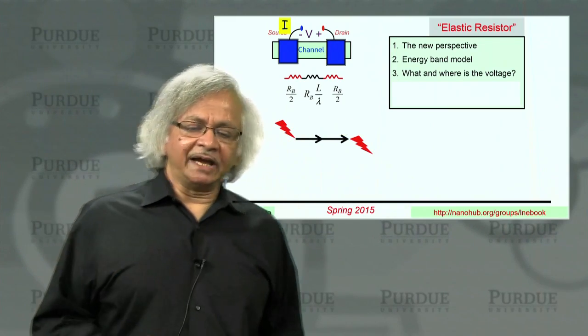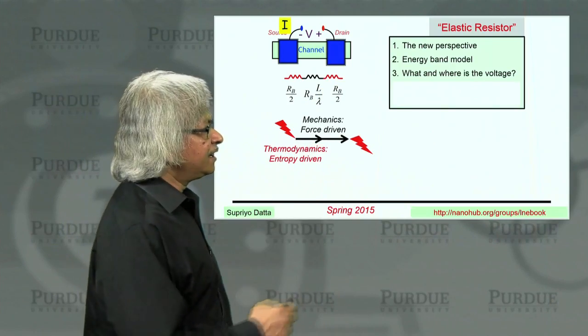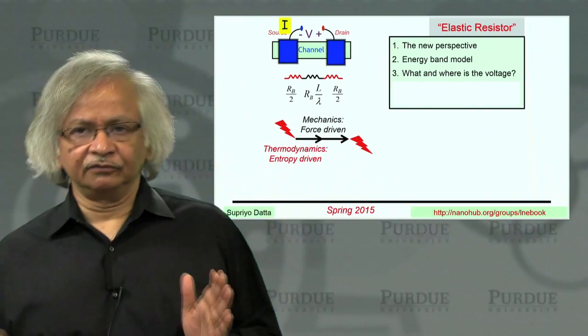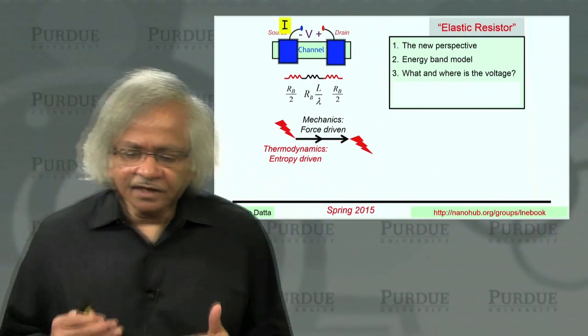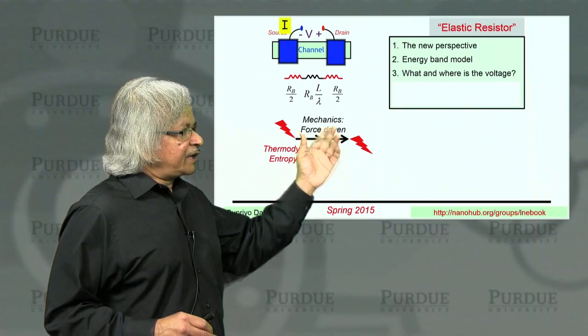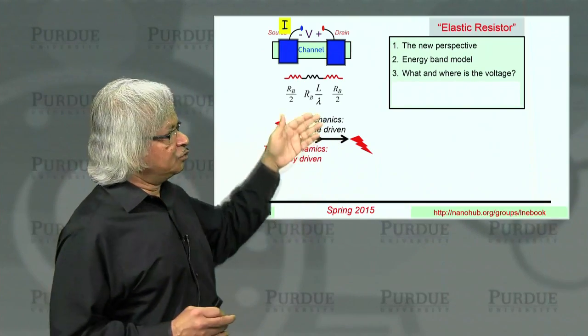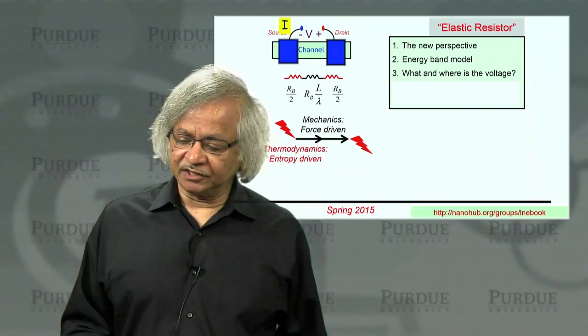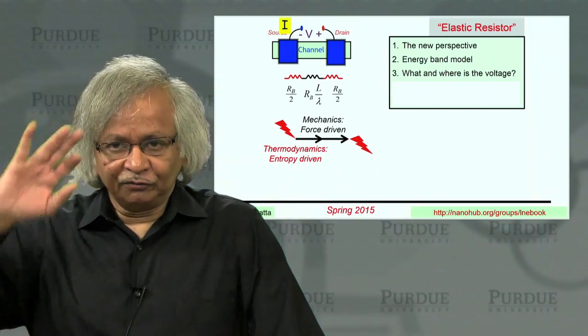Now, if you assume that, that's what we'd call the elastic resistor, it leads to a very clean description of current flow. And the reason it's very clean is that we have separated two very different types of physics. Physics has these two major branches which evolved independently.